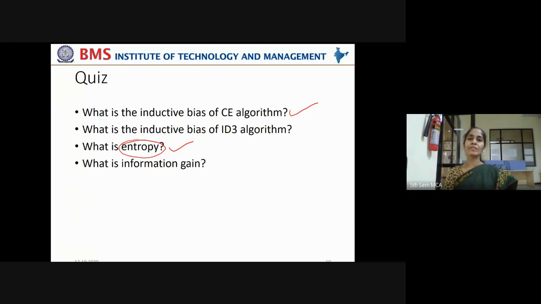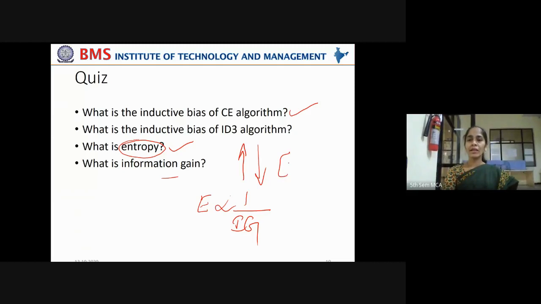How pure a classification can be made by an attribute, right? So as the entropy increases, information gain decreases. So entropy is inversely proportional to information gain. If the information gain is high, means if a better classification is made, then entropy is obviously zero, right?